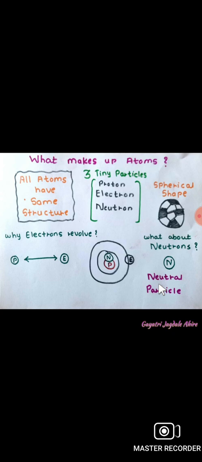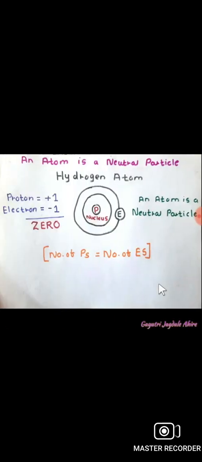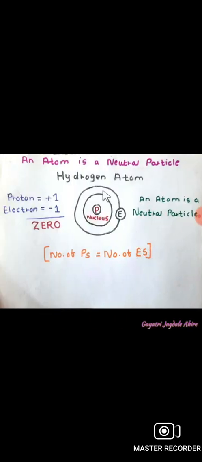Now let me teach you that an atom as a whole is a neutral particle. For example, consider a hydrogen atom. We know that there is only one proton in the nucleus of a hydrogen atom.